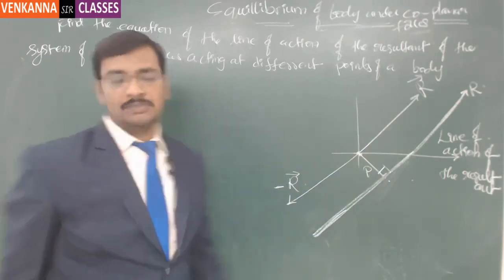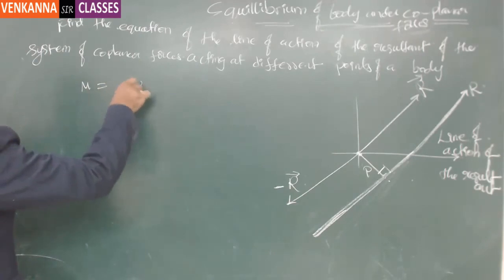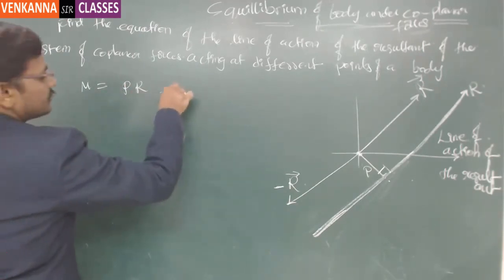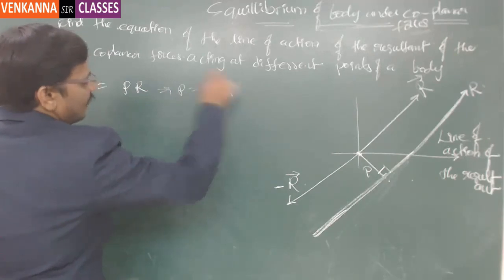That means M is equal to P into R, or P is equal to M by R, where M is the resultant moment.